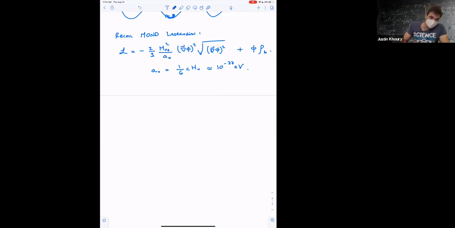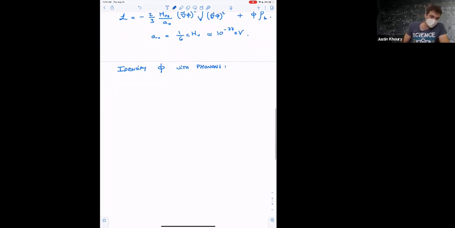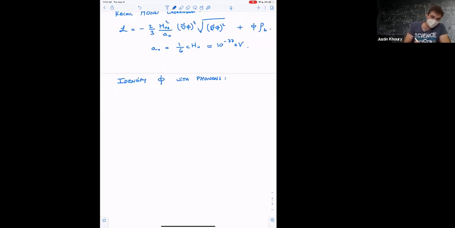But the idea that we had with Lasha is that in the context of superfluidity, as I've alluded to a number of times, it's natural to identify phi with phonons. In other words, to think of this theory as an effective theory of phonons in the dark matter superfluid.